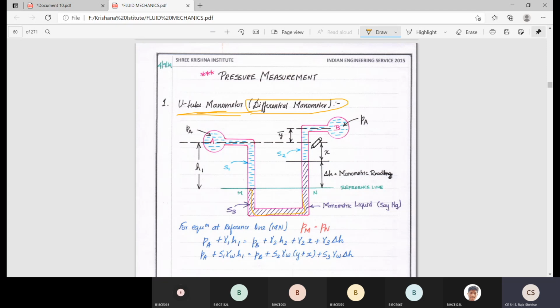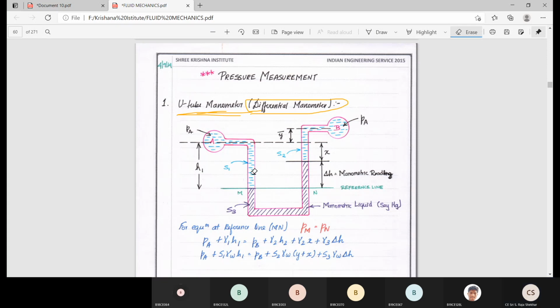Right, how will we measure the pressure difference in this U-tube manometer? We'll see here. This is mercury. Water is flowing in this pipe, so there are two pipes. The level difference between the two points A and B is y.